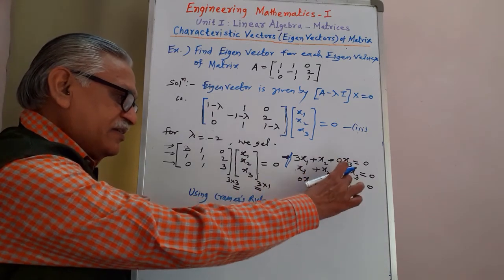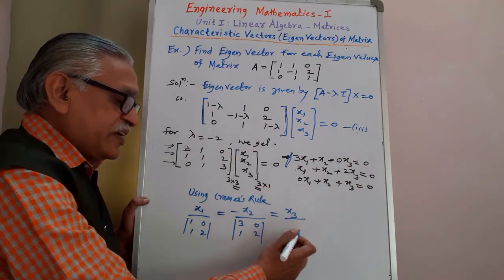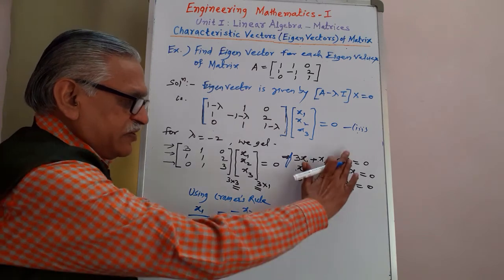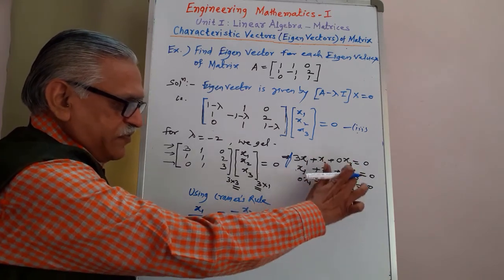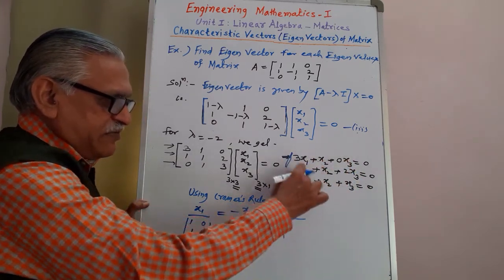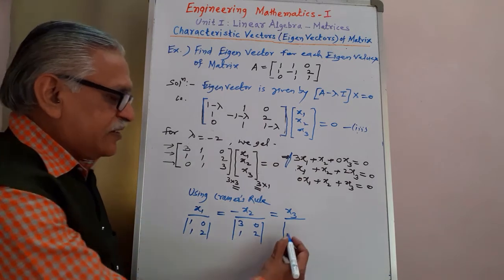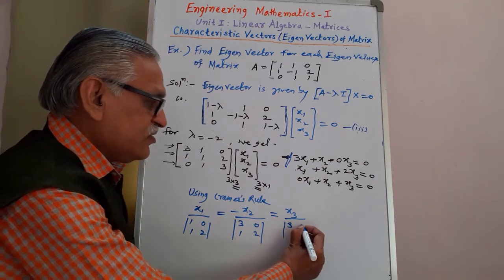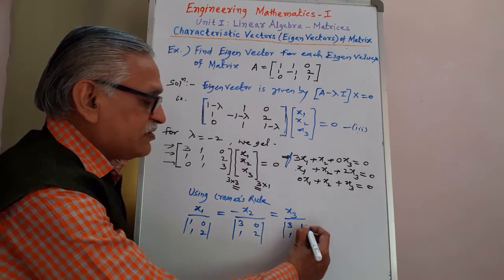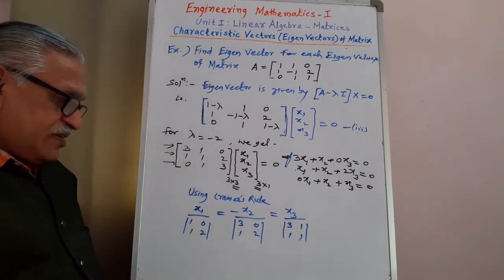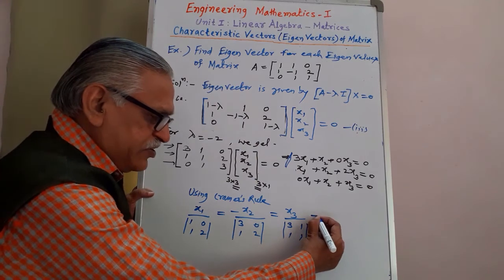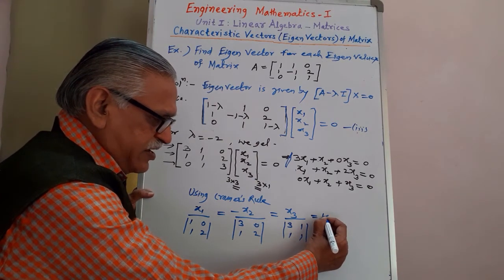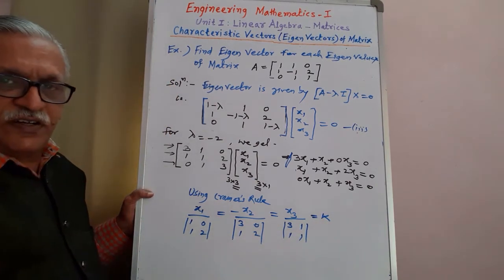Then to determine below x3, we have to neglect the last column and then take the determinant of the remaining coefficients, which are 3, 1, 1, 1. And equating each to k, a non-zero scalar quantity.